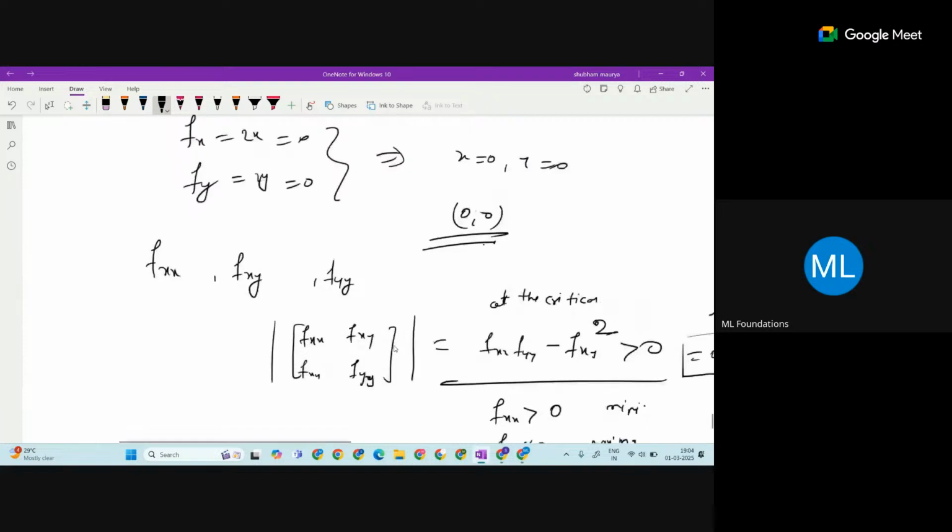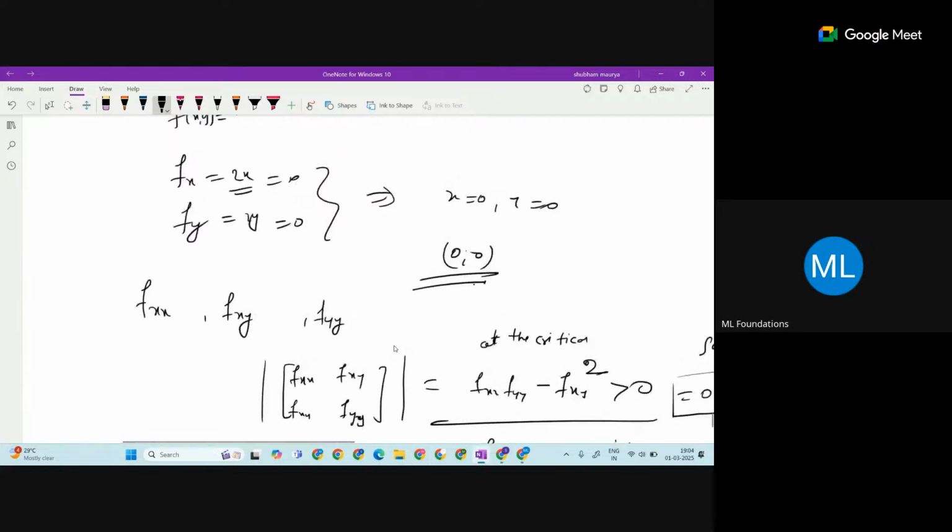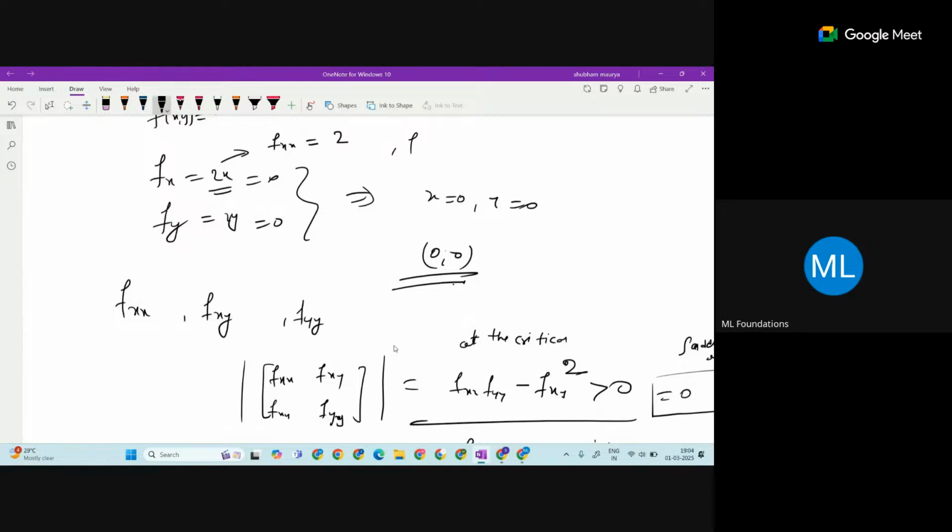Whatever you got, derivate it again with respect to x, so this is going to be 2. And for f of xy, take either of these and derivate with respect to y. If you derivate it with respect to y, you'll get 0 because there is no y.